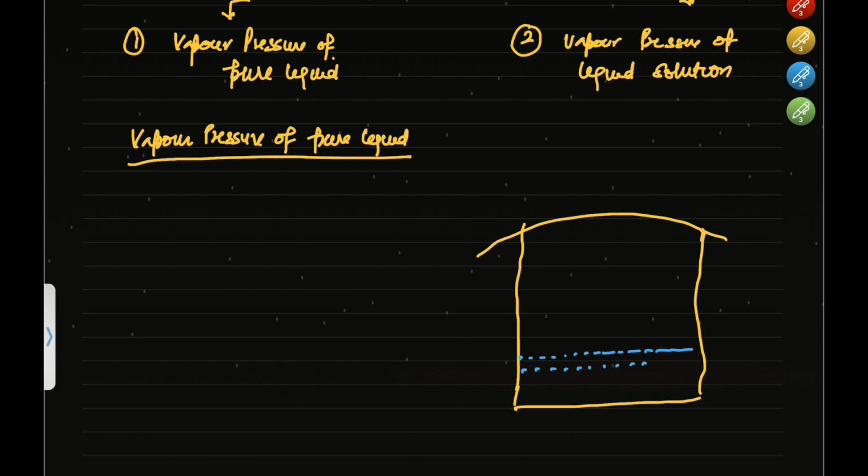Volatile substances are those substances which evaporate and form vapor; that is called volatile.